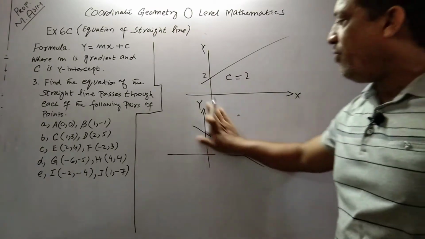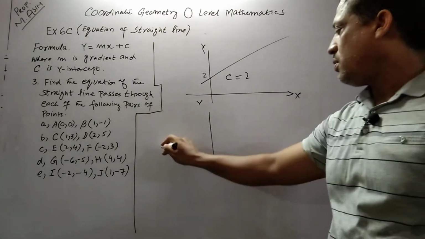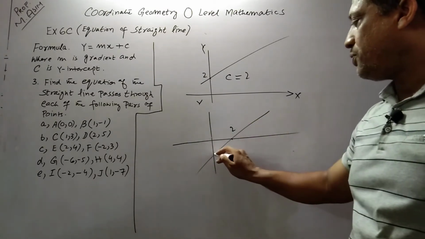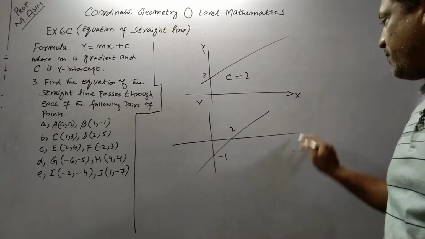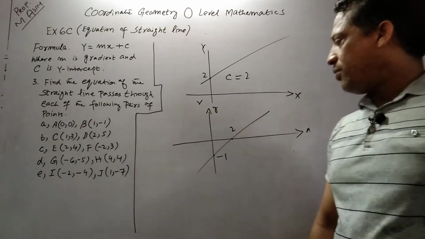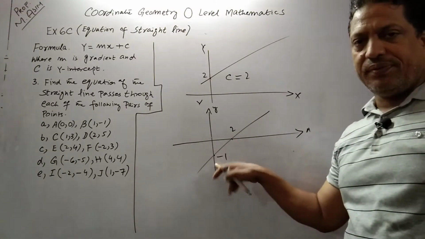See another example. Let's suppose this point is 2, this point is -1, this is the x-axis, this is the y-axis. Now what is the y-intercept, 2 or -1?